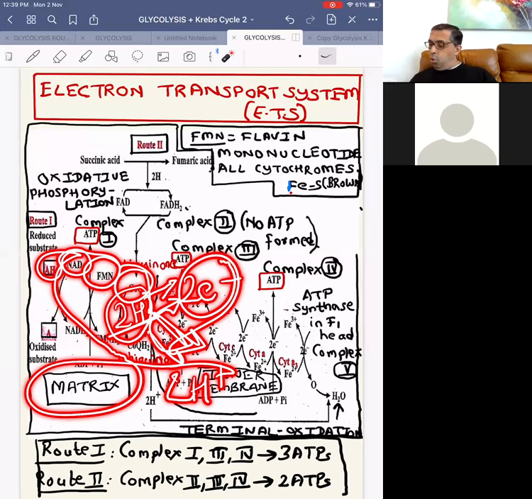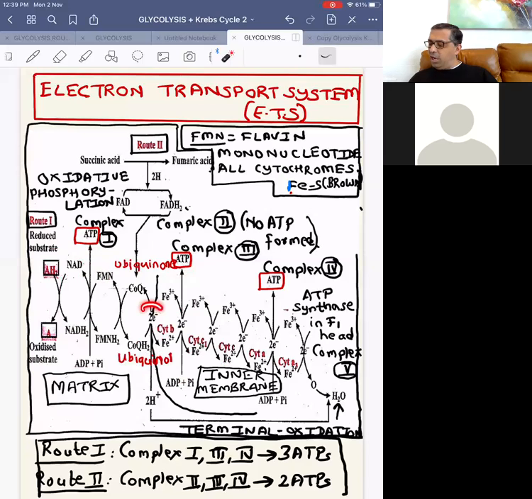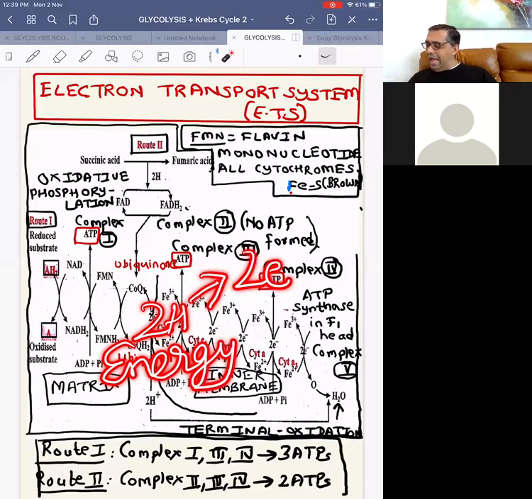electron. So who is energy rich? 2H is rich in energy. It splits to form electron and proton. And who is rich in energy? The energy is there in the electron.